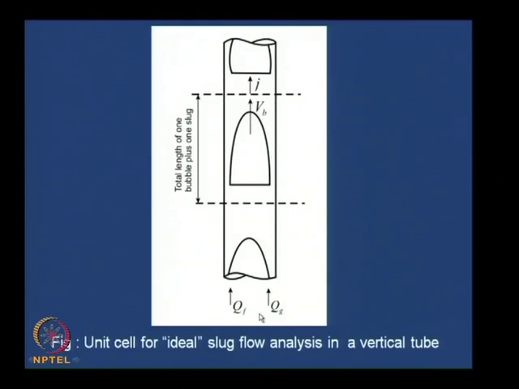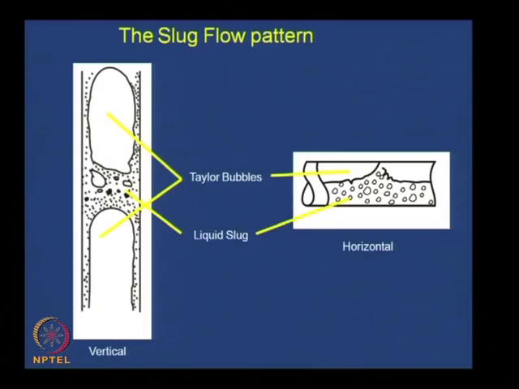Okay. The other thing, to start with, we assume pure liquid slugs. Pure liquid slugs means unaerated liquid slugs, which we usually do not get under ordinary circumstances. Under ordinary circumstances, as I have already mentioned, when the liquid flowing down from here meets the upward flowing liquid slug, a wake region is formed.